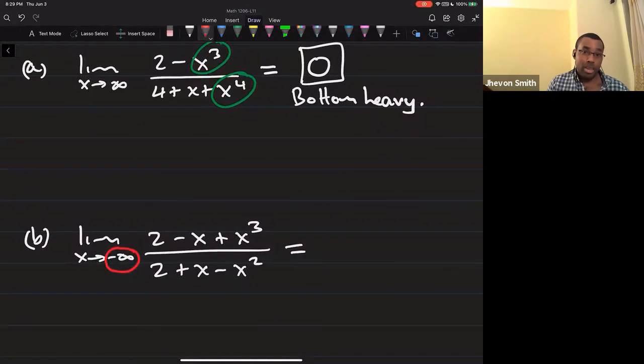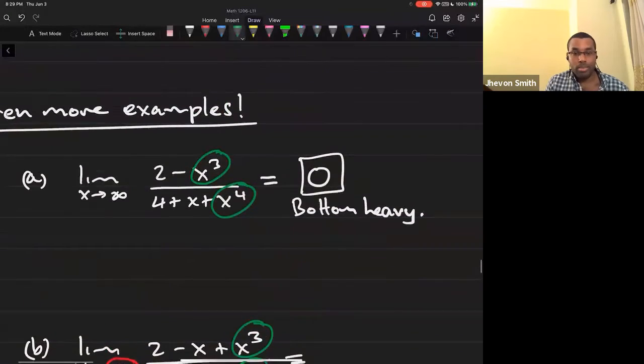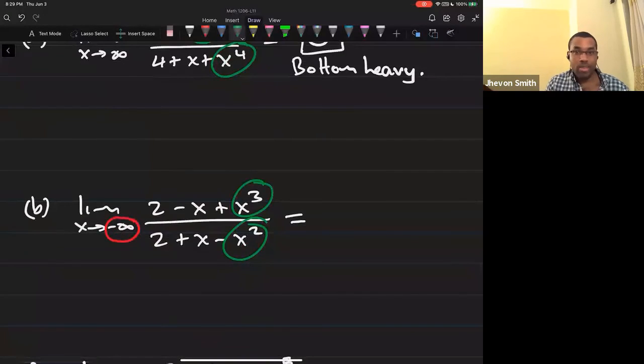So once I notice it's a limit at infinity, and these are two polynomials, one dividing the other, the second thing I would notice is, what are the highest powers? I would literally ignore everyone else. The other terms don't matter. They're not the ones making the decision. The biggest powers are the guys driving the bus. They decide where you're going to go.